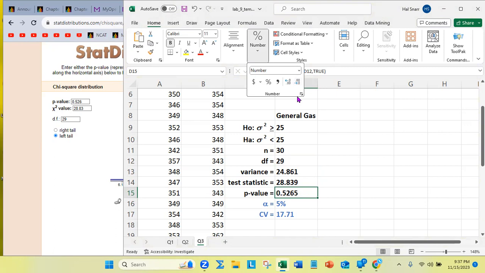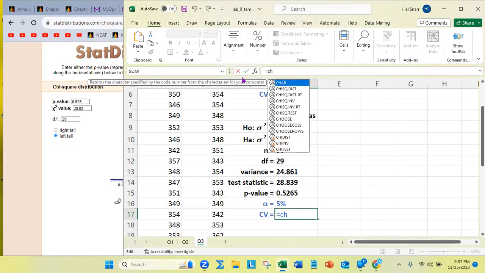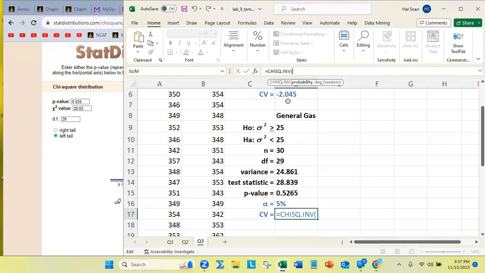Except we need it to be more accurate. We got 0.5265, right? Now we need to do the same thing for the critical value. The input to it is a probability value, in this case, 5%. We're going to use chi-square dot inverse, not dot inverse dot RT, because that corresponds to a right tail test. We want the left tail test. So we're going to use chi-square dot inverse.